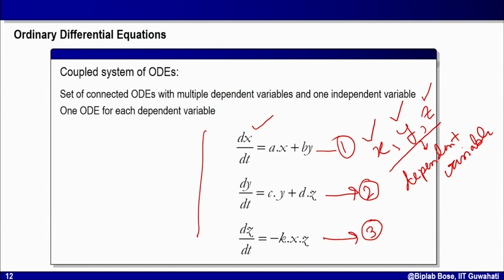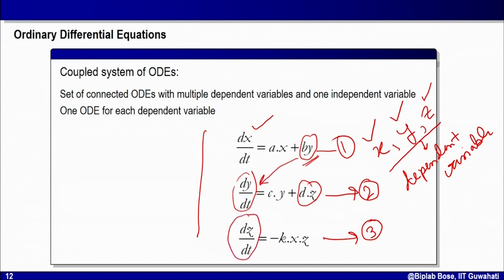One interesting thing in this set of ODEs is that dx dt has a y term, whereas dy dt has a z term. That means if I have to know dx dt, I have to know y, and that is controlled by its own derivative.